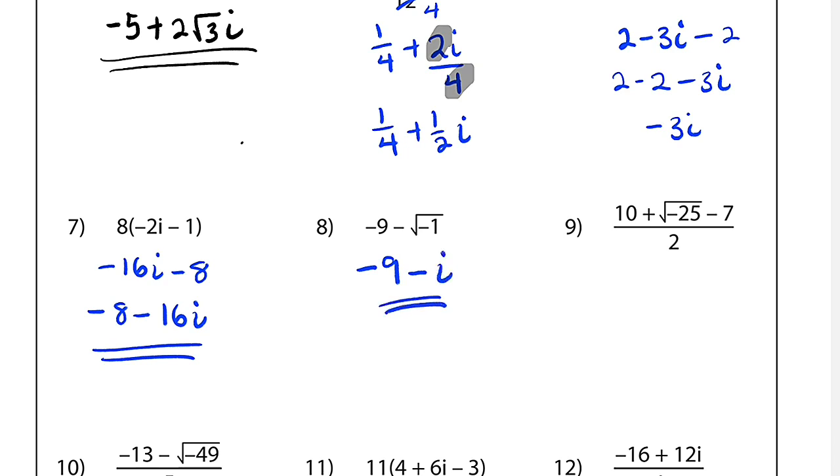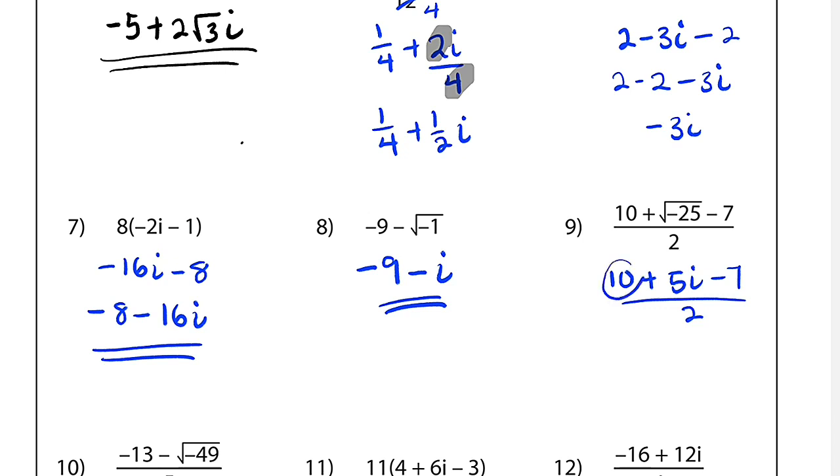Question number 9, we have 10 plus the square root of negative 25, minus 7, divided by 2. Let me simplify the numerator first. In the numerator we have 10, then plus the square root of negative 25 will give us 5i. So we have 5i here minus 7, divided by 2.